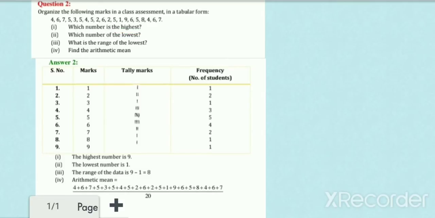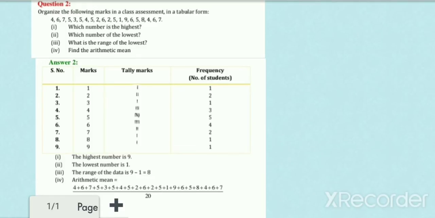The number is 9, 9 is the highest number. And which is lowest? Lowest is 1, meaning we have to find the smallest and the biggest number. Now the question is what is the range? So range is highest minus lowest, meaning 9 minus 1 is equal to 8.